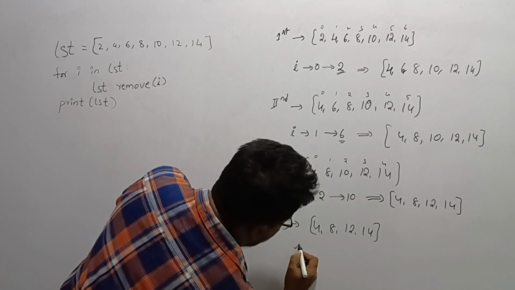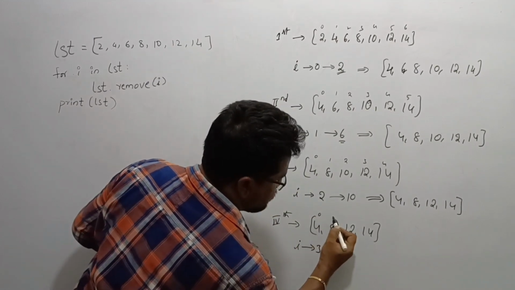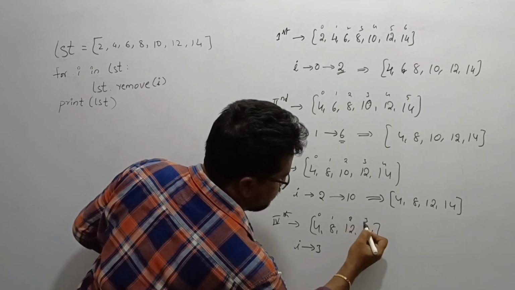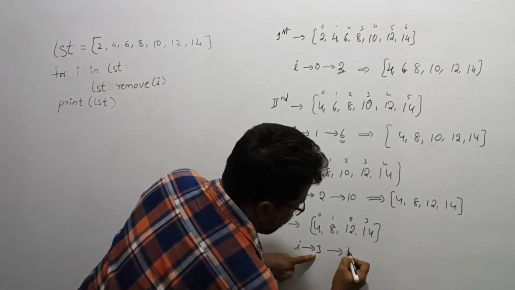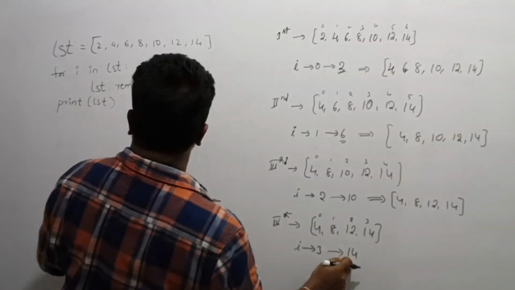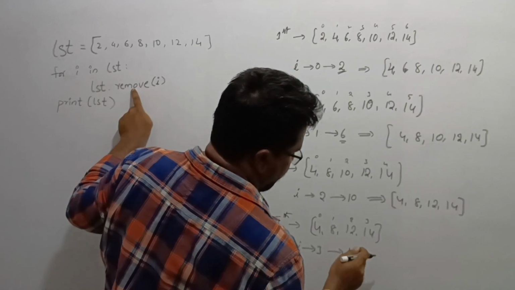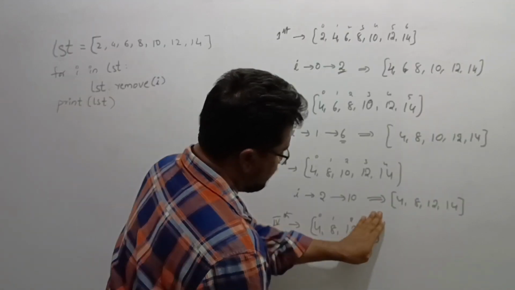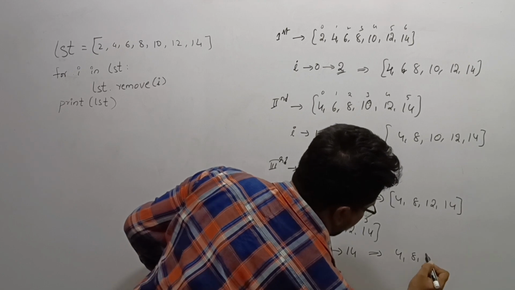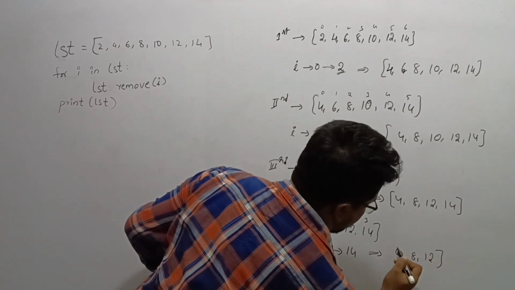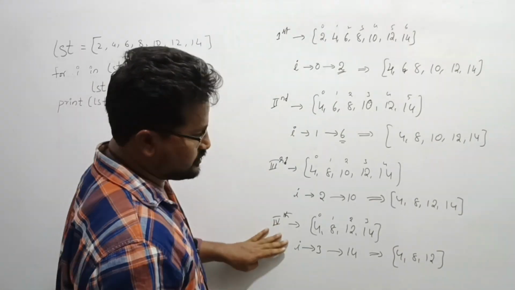Now the i value is the index 3 value: 0, 1, 2, 3. Index 3 is 14, so i is 14. Now 14 is removed from the list. The remaining list is 4, 8, 12. Now the fourth iteration is over.